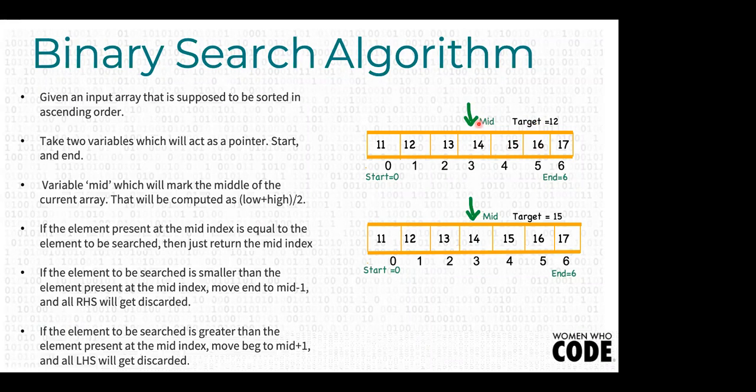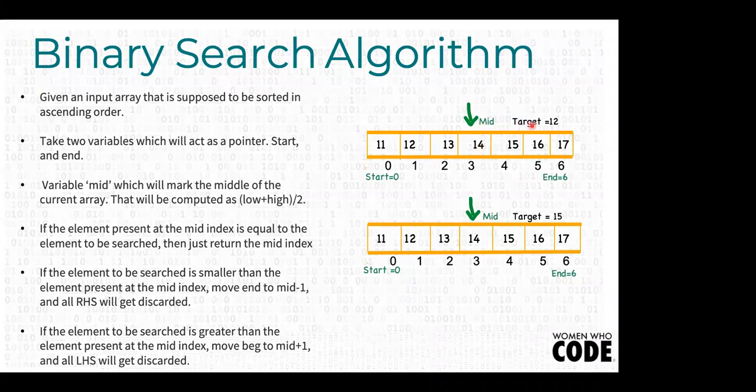The first step is to calculate the midpoint of this array. The midpoint lies here at index 3. And now you take two variables which will act as pointers, the start and the end. The start will be the first index of the array, and the end will be the last index of the array. So now, once you calculate the mid, you compare your target with the mid.